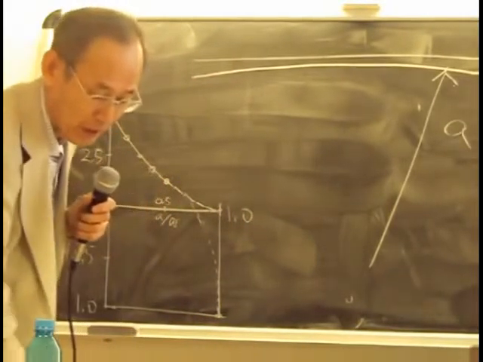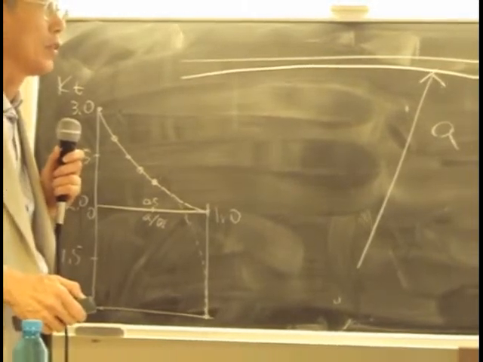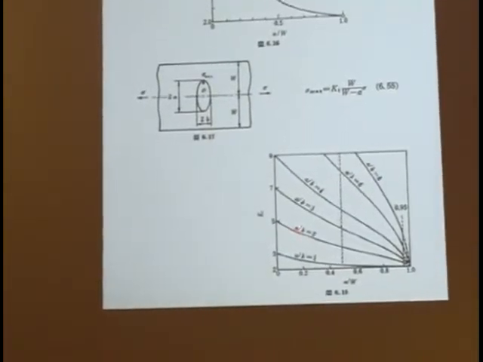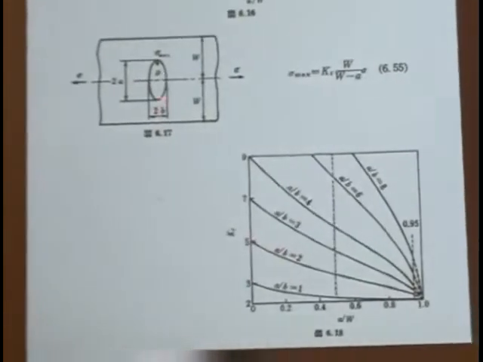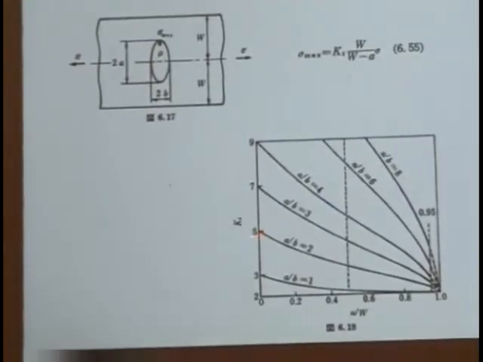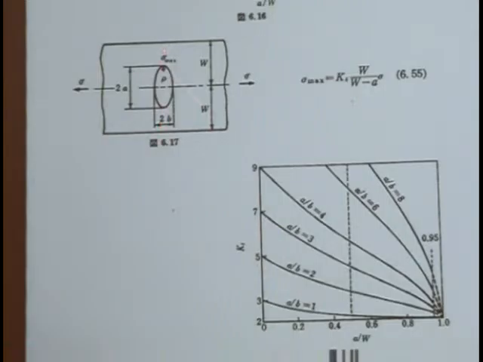And in the case of an elliptical hole, you know the stress concentration factor in the infinite plate, like this. We calculated, in the case of A over B equal 2, a stress concentration factor of pi. And in all cases, as these ellipses approach this edge, all values go down to this.